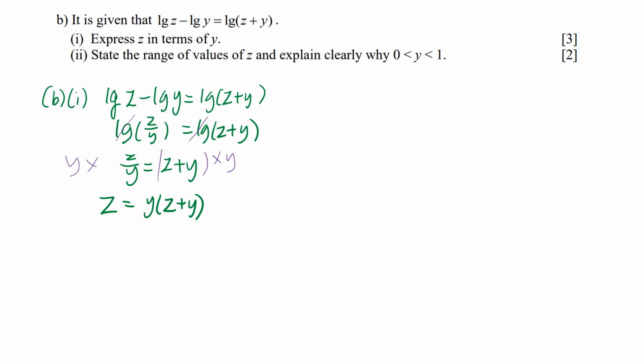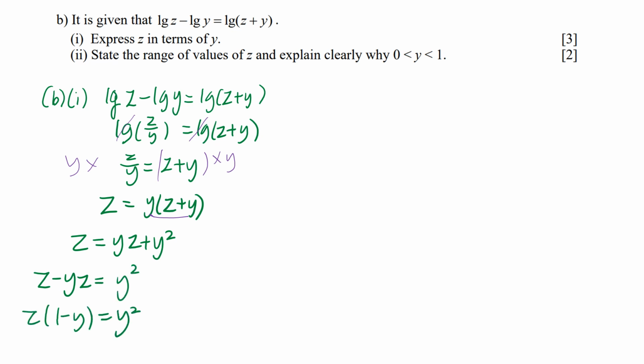Okay, and then expand this, and then group the terms with z and put them on the left hand side. And factorize z. Yes, and divide by 1 minus y on both sides. And that's how you make z the subject. Okay, so that's B part I.